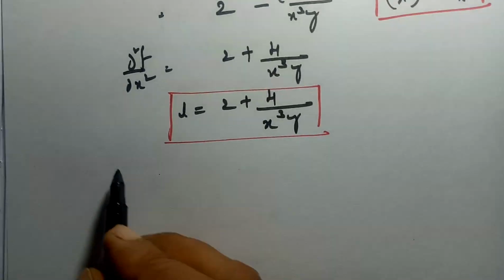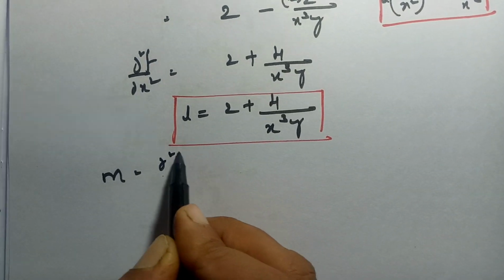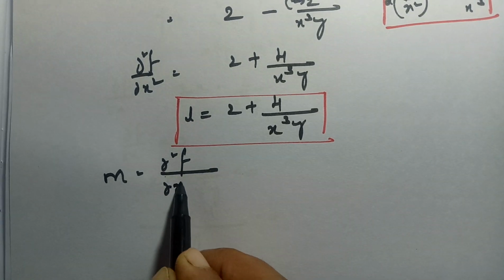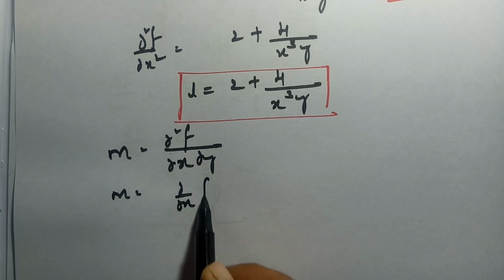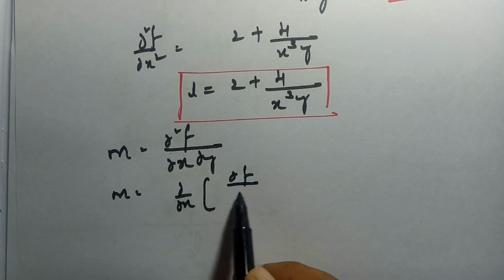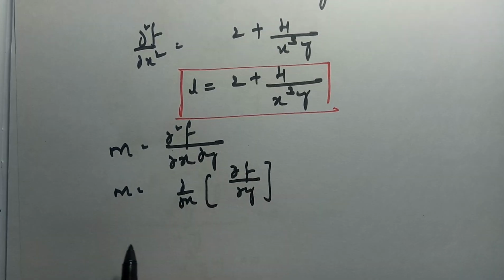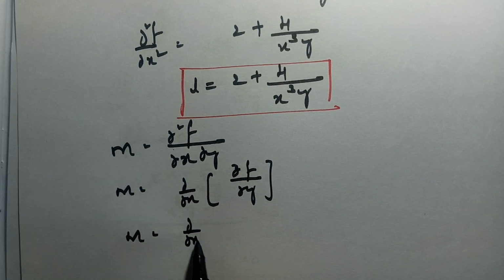So what is M value? How to find M? That is nothing but dou square f by dou x dou y. For that, I have to differentiate dou f by dou y with respect to x. What is this dou f by dou y?